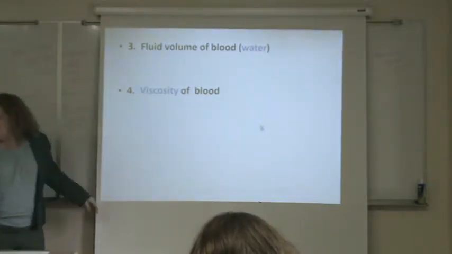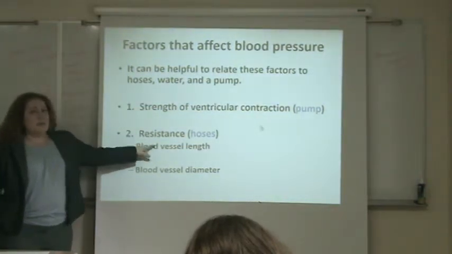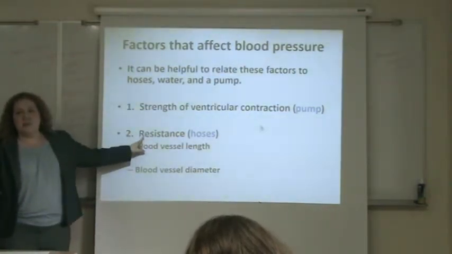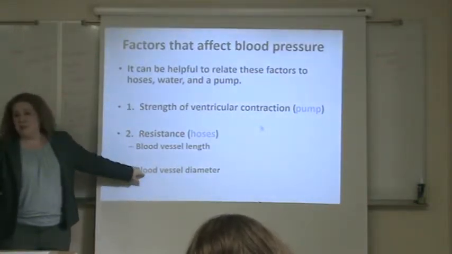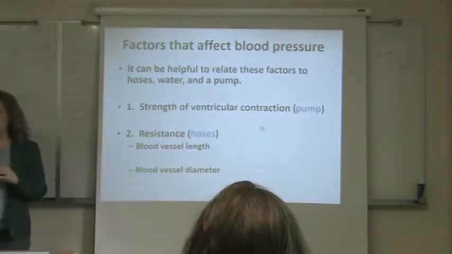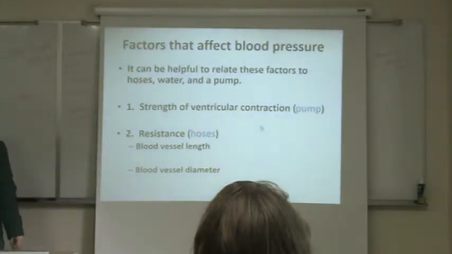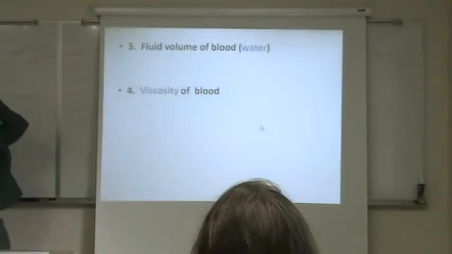The strength of your heart can change. The length may change slowly as you grow or get fatter. This changes pretty frequently. Your nervous system can change your diameter pretty frequently. So all of those things together will affect your blood pressure.